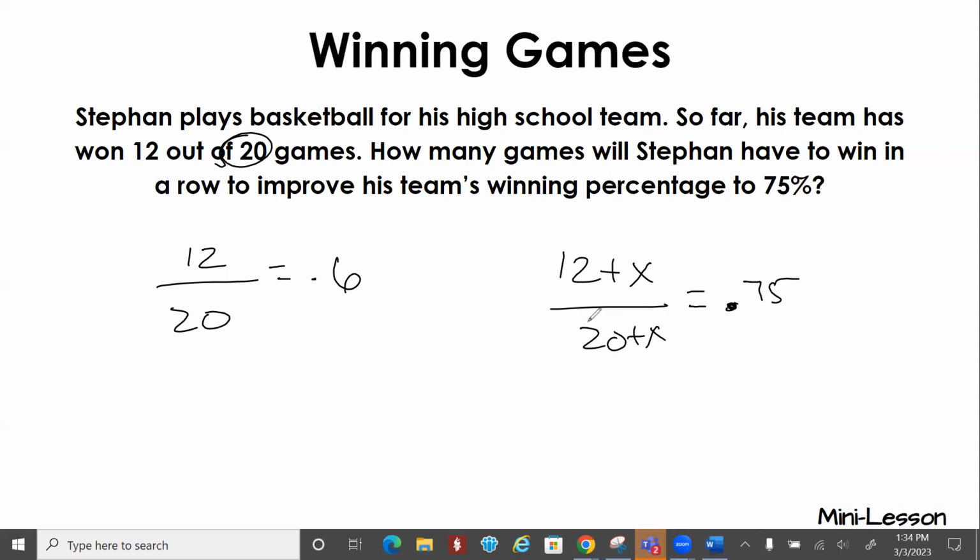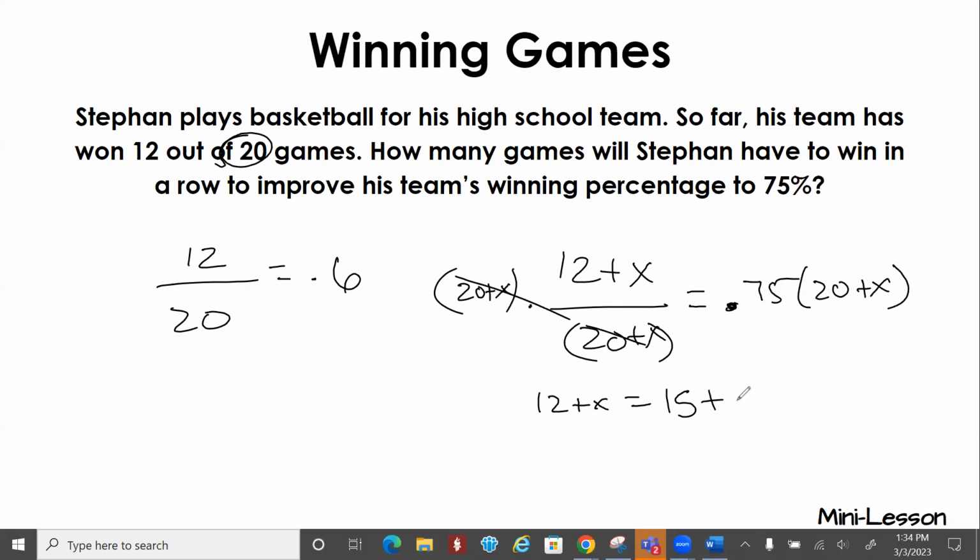So what are we going to do first? We're going to multiply by 20 plus x on both the top and the bottom, right? These will cancel, and I'm going to get 12 plus x equals, what's 0.75 times 20? 0.75 times 20 is 15 plus 0.75x.